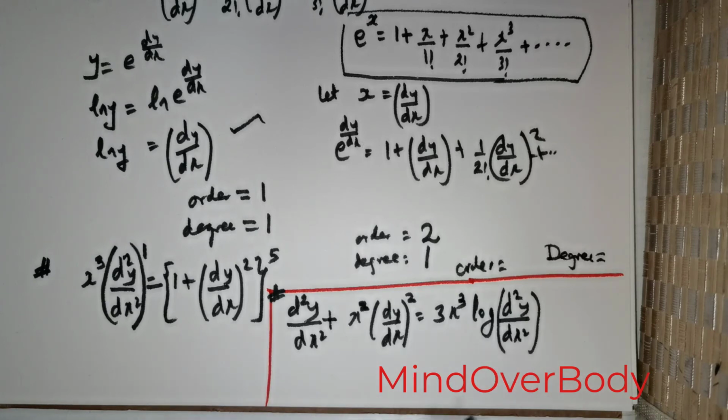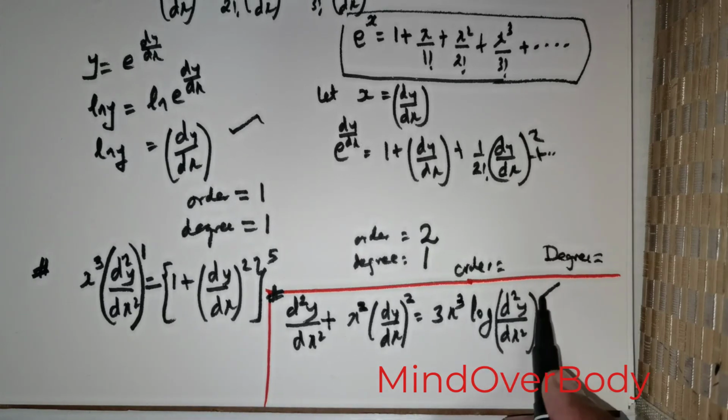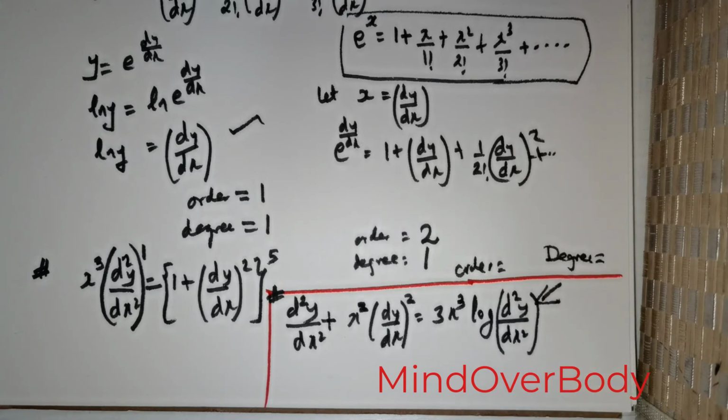Now if you make an observation here, your focus should fall on this right hand side, because you can see that d squared y over dx squared is entangled within a logarithmic function. So if you want to find the degree, you have to remove the differential operator d squared y over dx squared from the logarithmic function in which it is present.